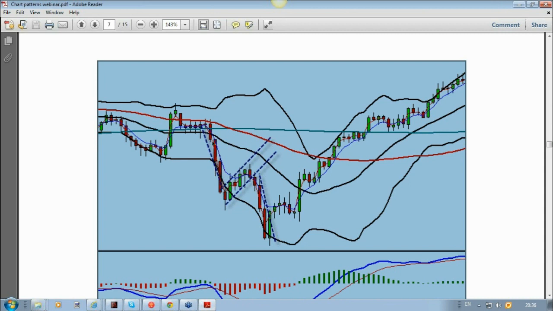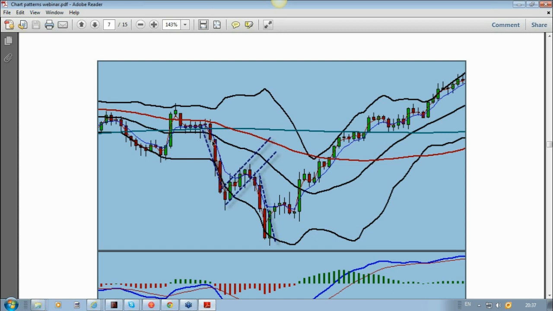About the question of Igor, what's the reliability of double tops and bottoms and flags as well? Well, all the patterns, maybe except the V pattern we will discuss at the end, and the wedge, all of the rest work 50% of the time, maybe even 45%.